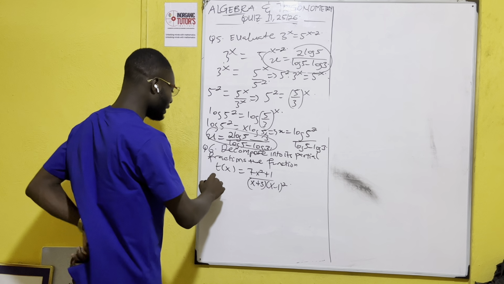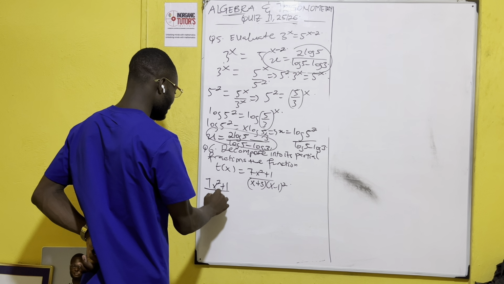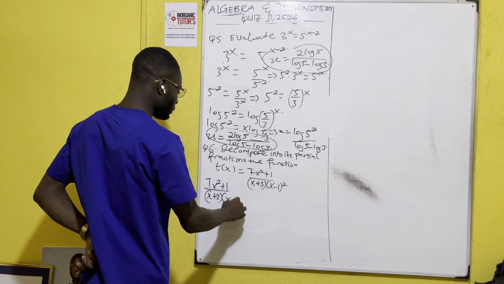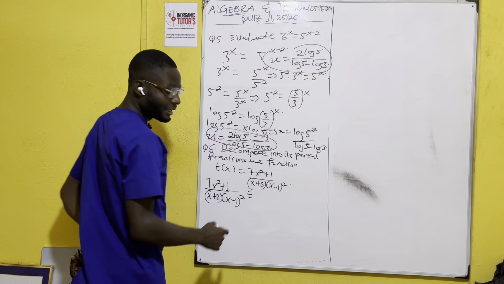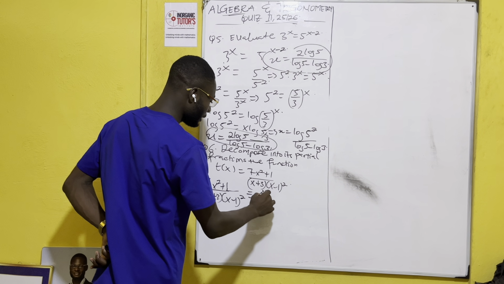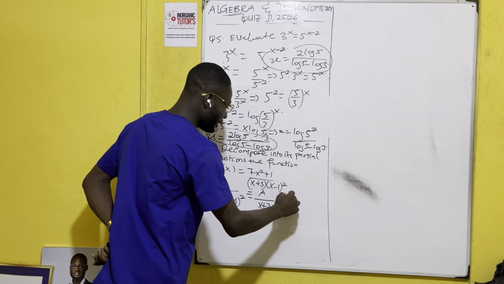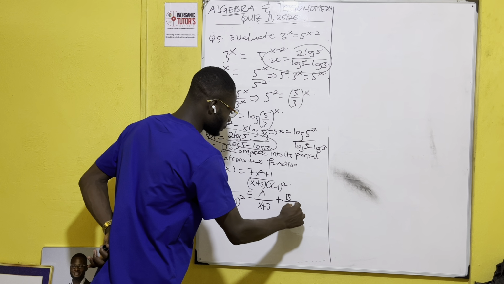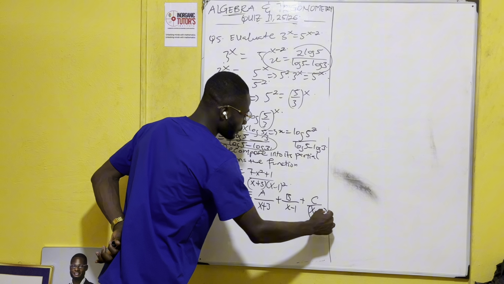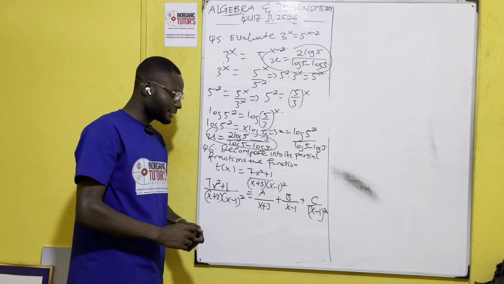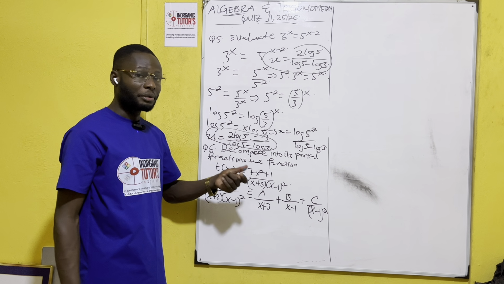So we know that (7x squared plus 1) over (x plus 3)(x minus 1) all squared is equivalent to A divided by x plus 3 plus B divided by x minus 1 plus C divided by (x minus 1) all squared. So this is the decomposition, but we need the values of A, B, and C.